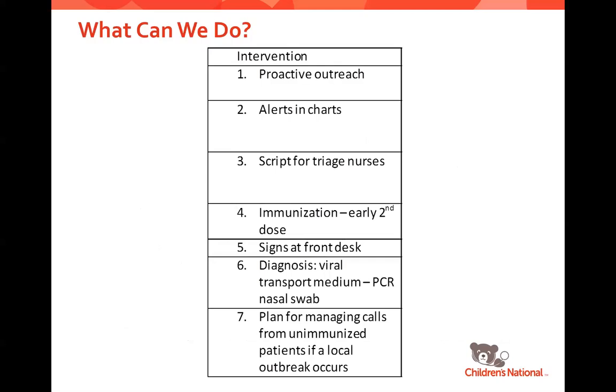I showed you that a couple slides earlier to try to determine if maybe there are some children who should not be coming into the office because their risk of measles is high, and we want to try to arrange testing at home, or talk to the health department and see what the options are for that, or to make sure that we get those kids into clinic later in the day, like we discussed.